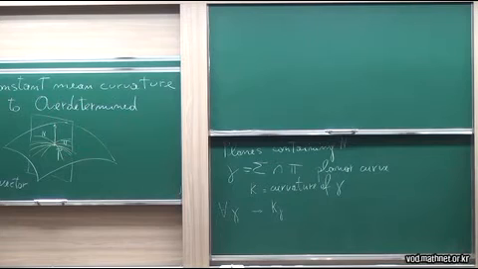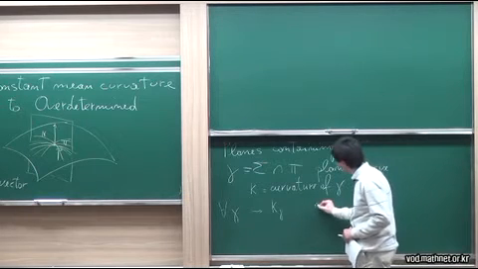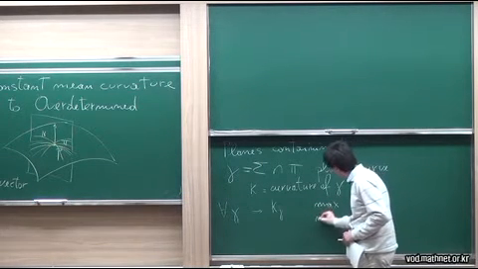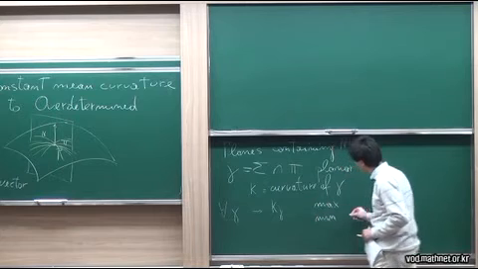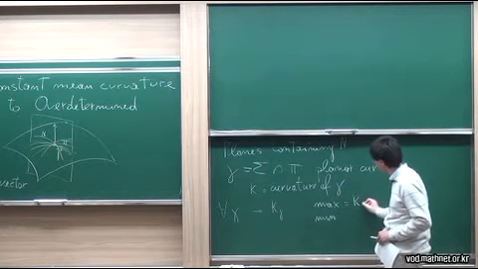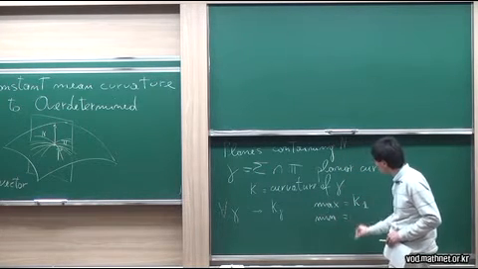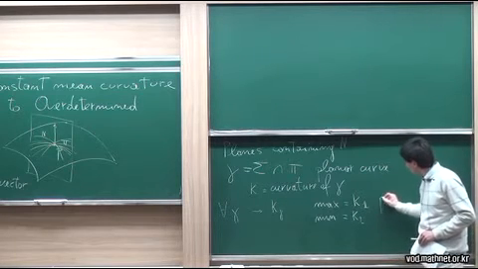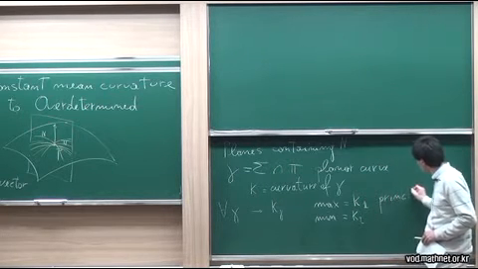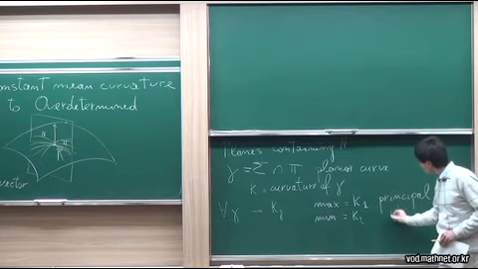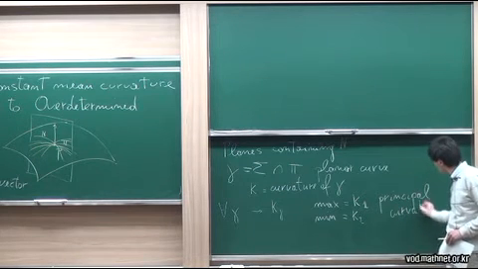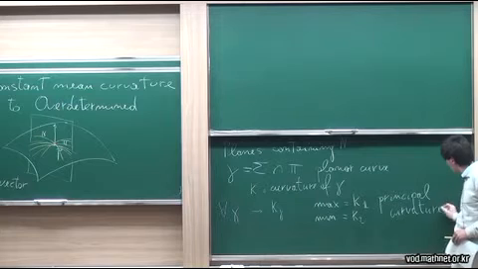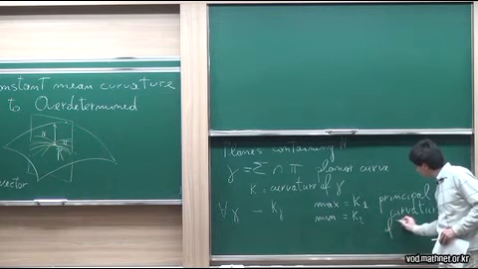There will be one maximum value and a minimum value for this curvature. I will denote the maximum by K1 and the minimum by K2. This is what we call the principal curvatures of sigma at P.